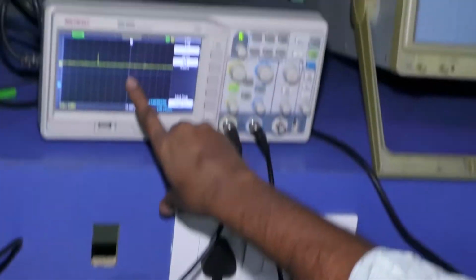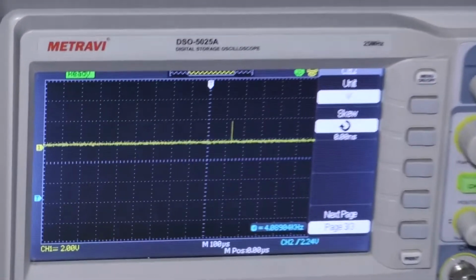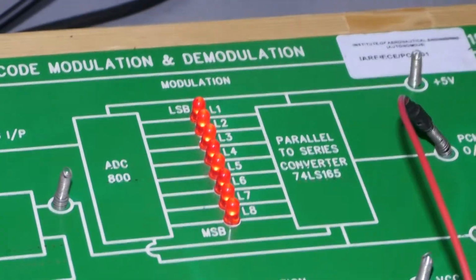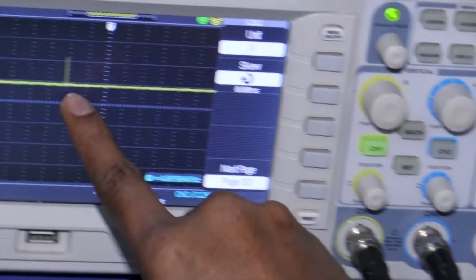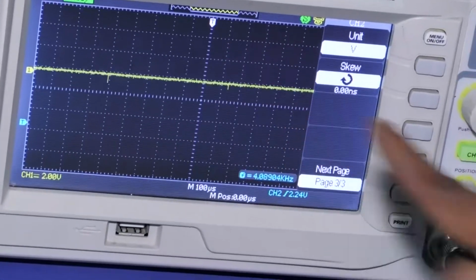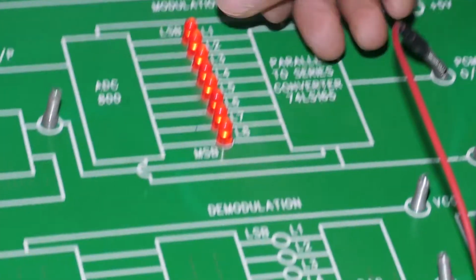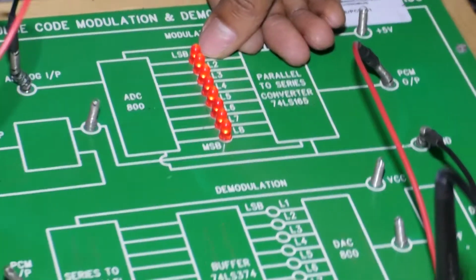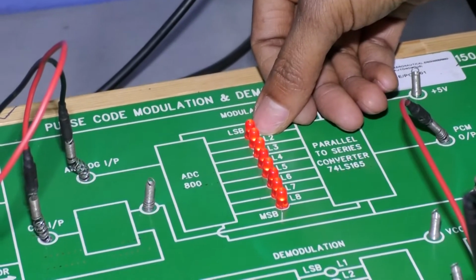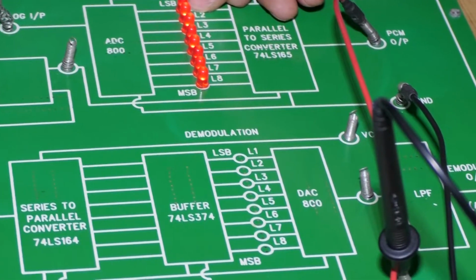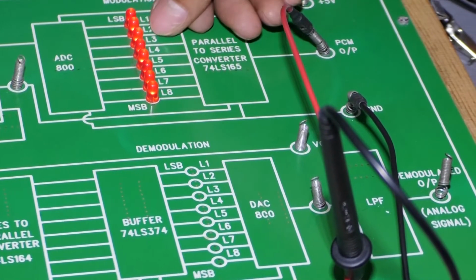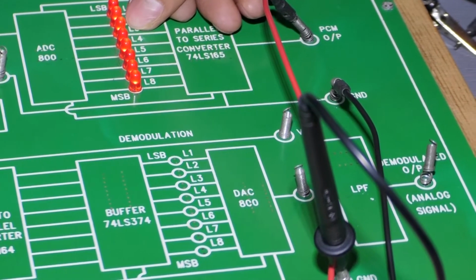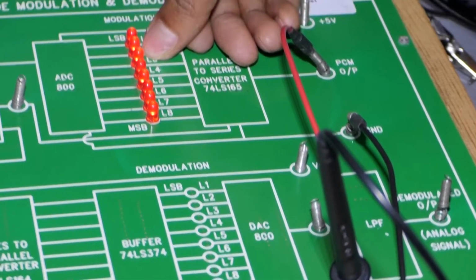See here, we can observe that all LEDs are on, which means a straight line. One means high, so the high value is presented here. For plus 5 volts, all LEDs are on. See the calculation part. LED 1 value is 2 power 0, that is 1. The second one is 2 power 1, which means 2.